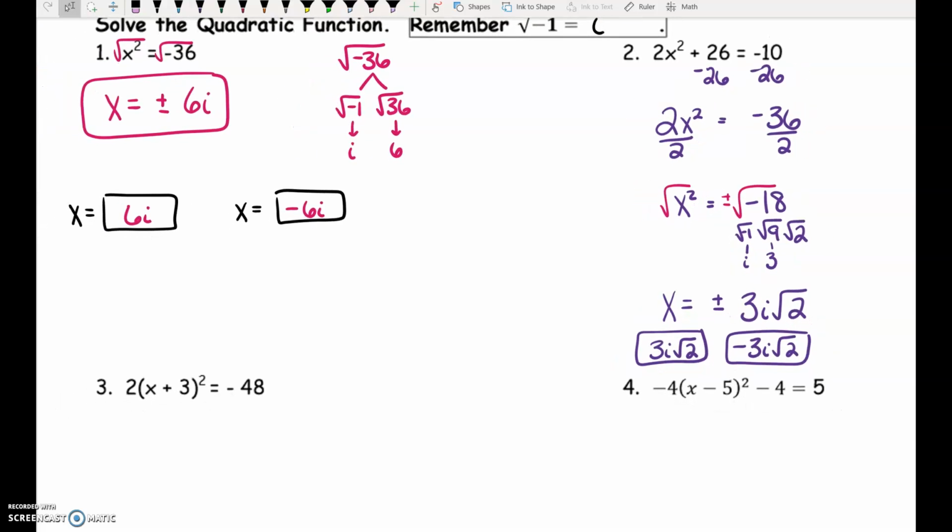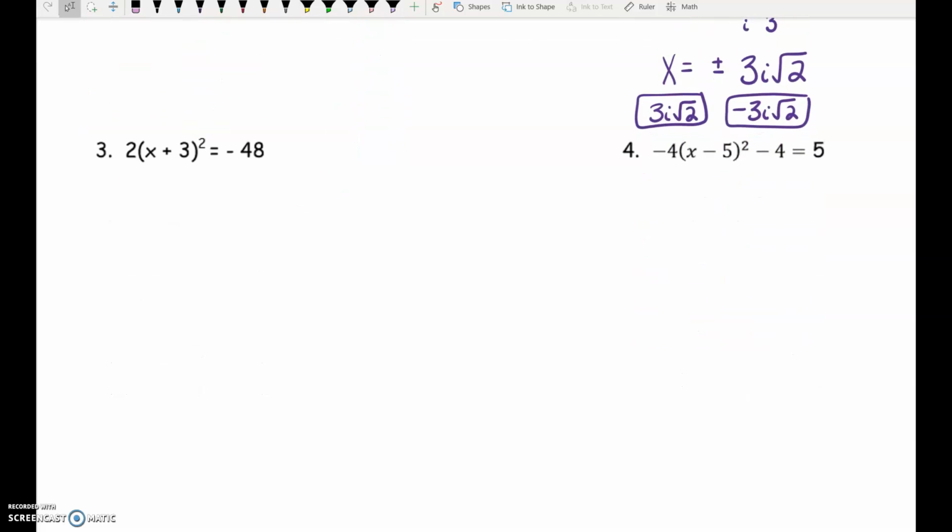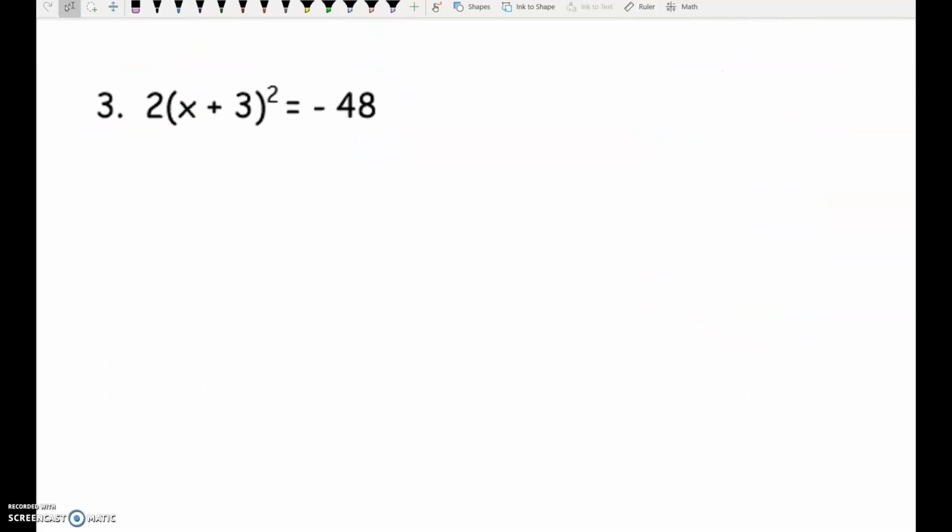The other type is when we have parentheses. Okay, this is huge. You cannot distribute. This square is like a padlock. This 2 is a bicycle that you need to put into the shed. You can't get into the shed until you remove the padlock.